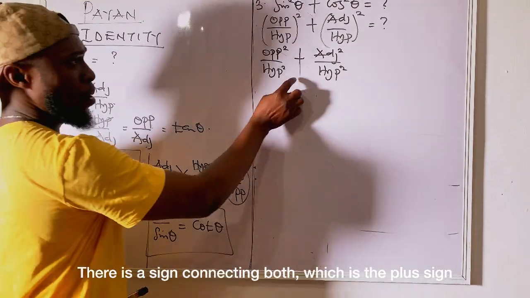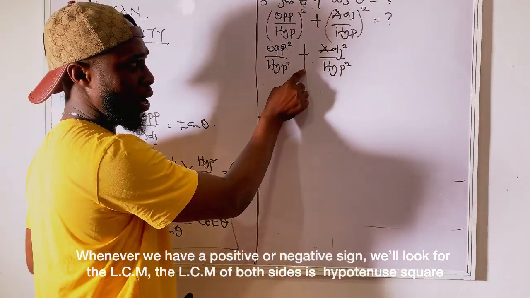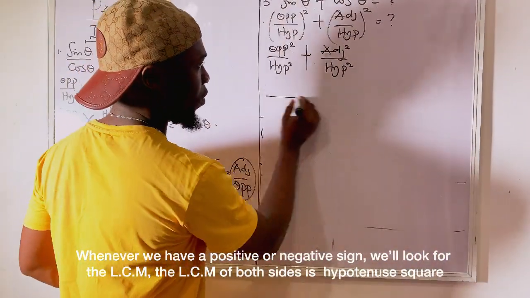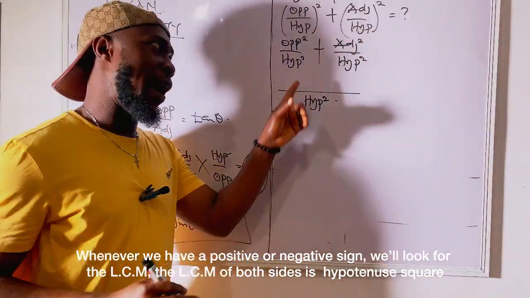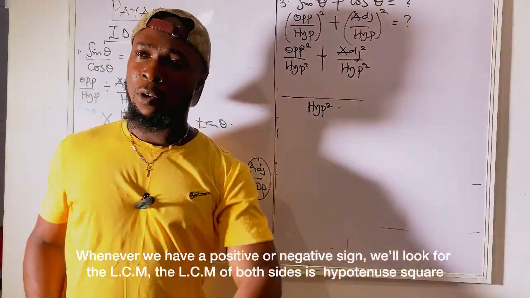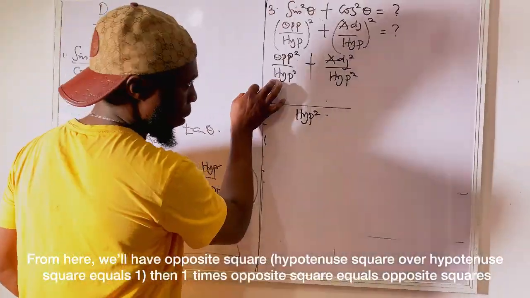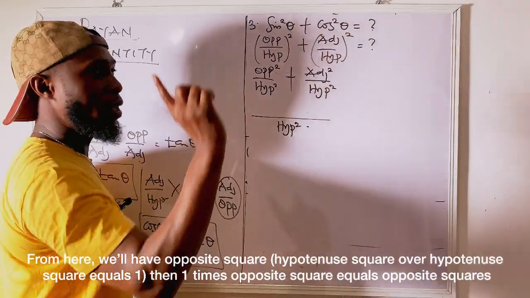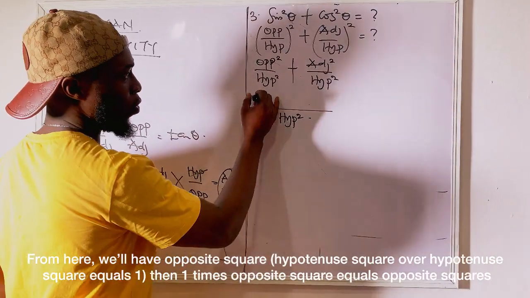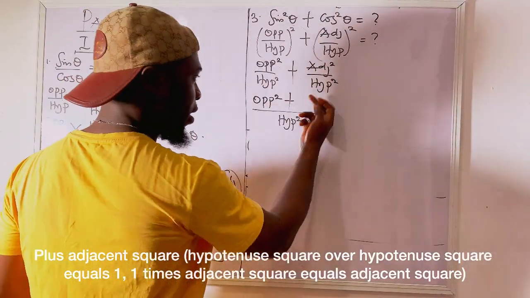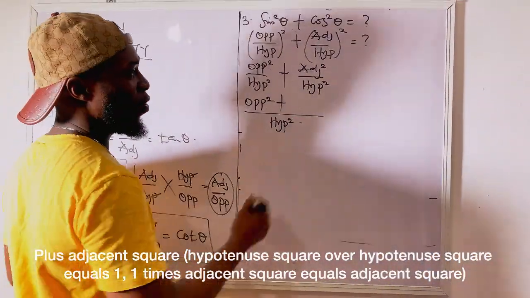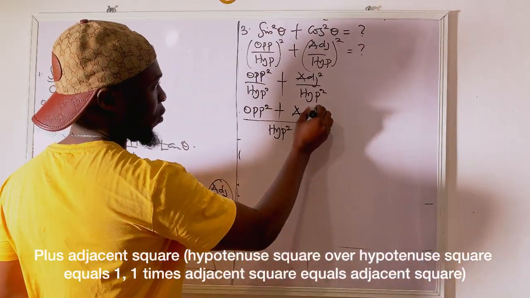Now there is a plus sign connecting both values. Whenever you have a positive or negative sign, I look for the LCM. The LCM is hypotenuse square. Then opposite square plus adjacent square, over hypotenuse square.